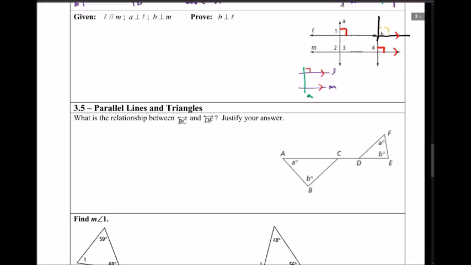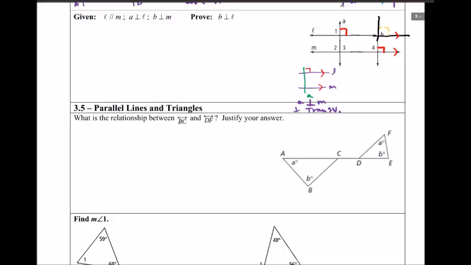So what are we going to be able to say with that? We are going to be able to say that A is perpendicular to M. If you go to your notes and you find your theorem, you could find this one, and that's the perpendicular transversal theorem that lets us say that.